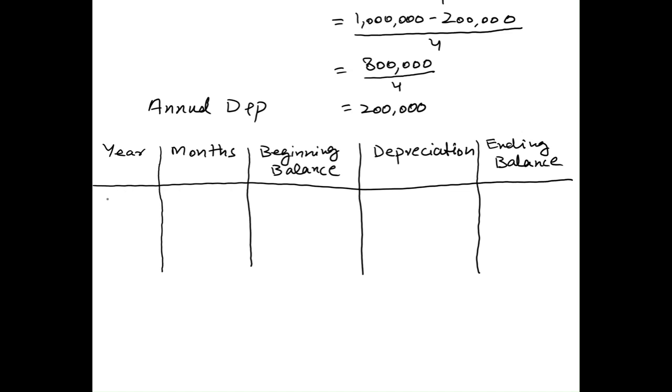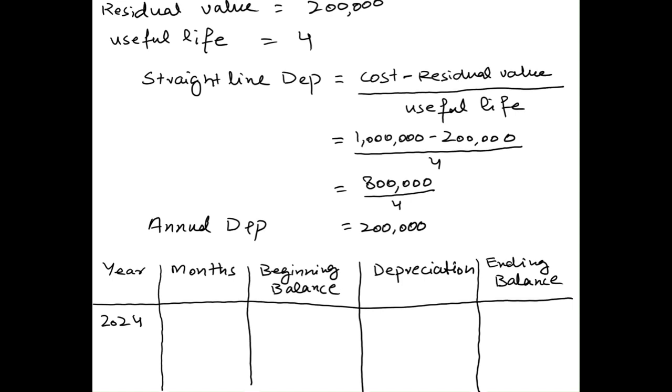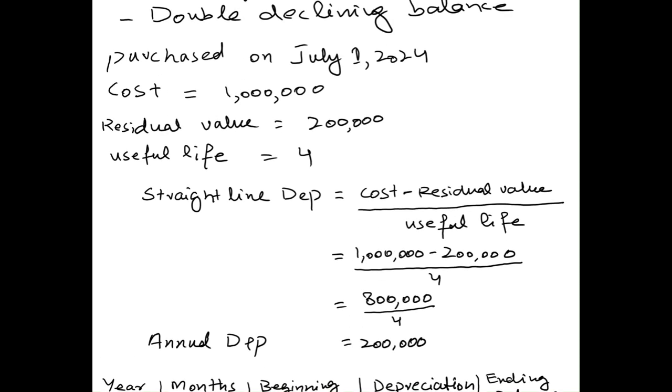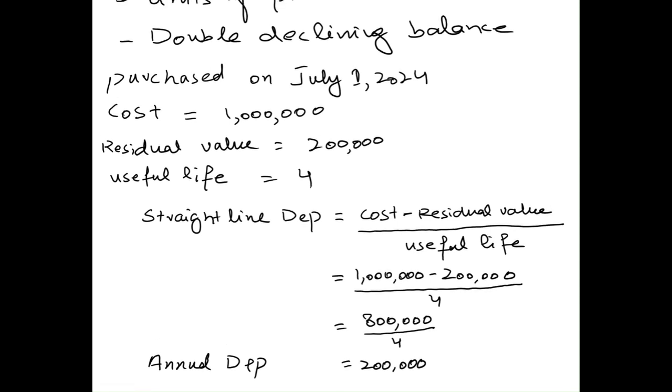So the first year is the year 2024. Remember, we purchased this asset on July 1st, 2024. I missed one thing. Let's also assume that the fiscal year end for this company, for which we are making this depreciation schedule, is December 31st.